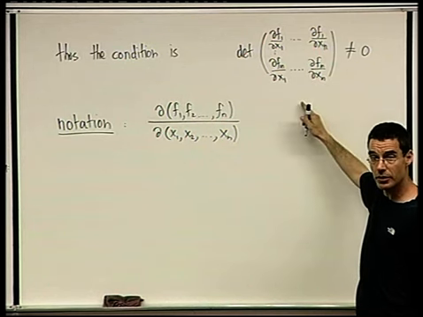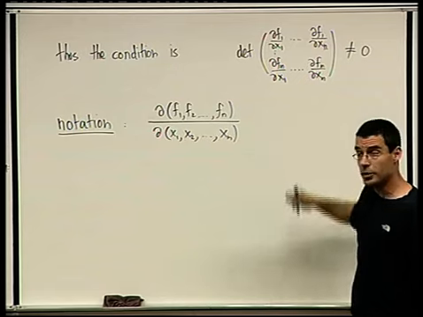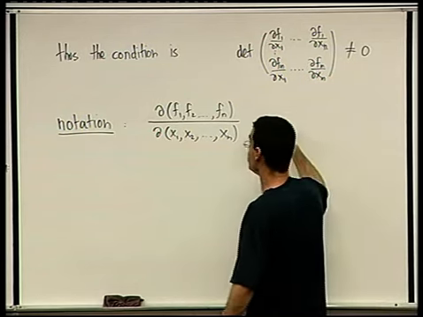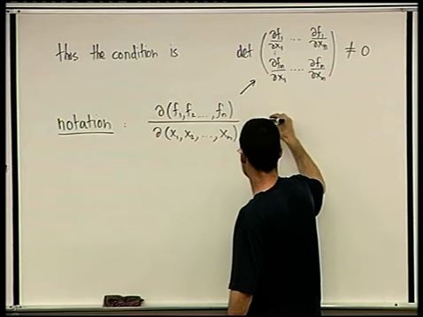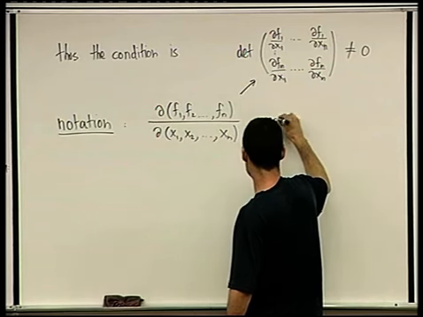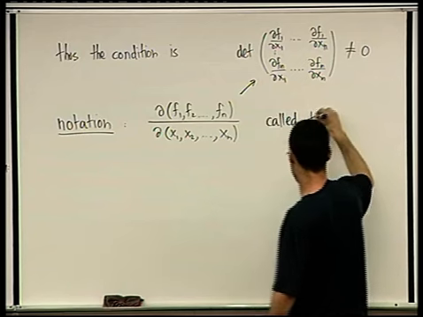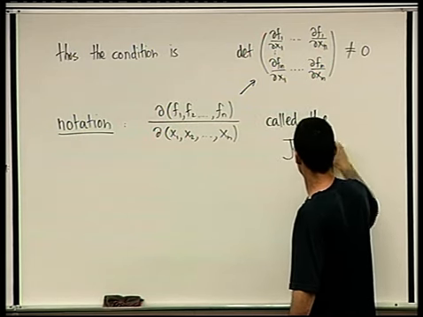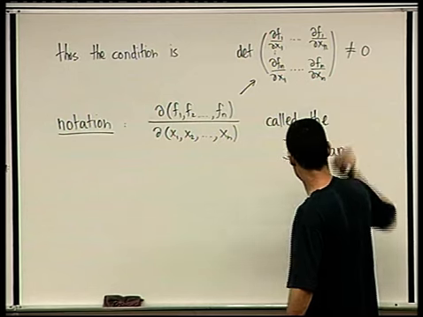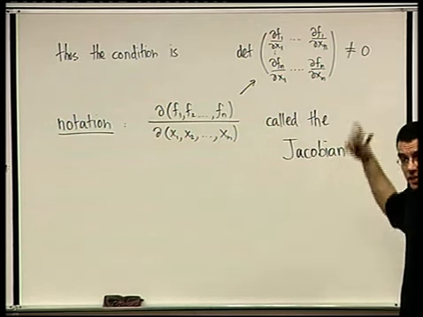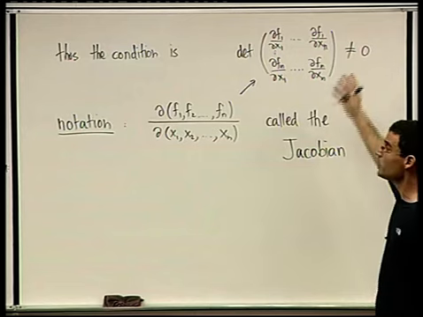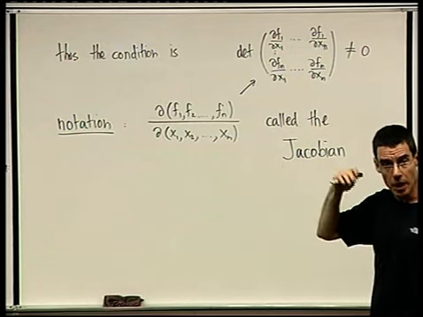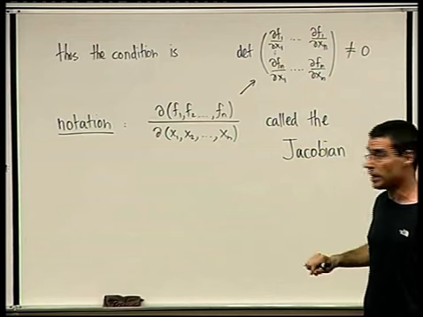And it also has a name. It's called the Jacobian. The Jacobian of this system of equations, y1 equals f1 of x1 up to xn, and up to yn equals fn of x1 to xn.